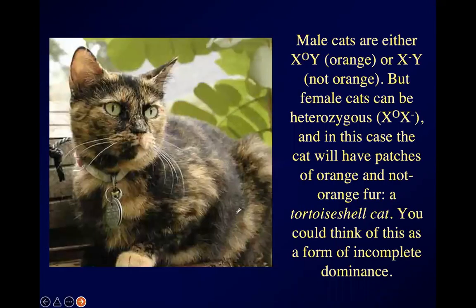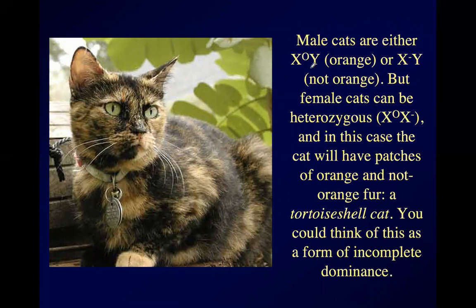So a male cat can either be XY carrying the orange allele, in which case they will look orange, or they will be X not orange, Y. Their X chromosome will either be carrying the orange allele, in which case they'll look orange, or their X chromosome won't be carrying the orange allele, in which case they won't look orange.